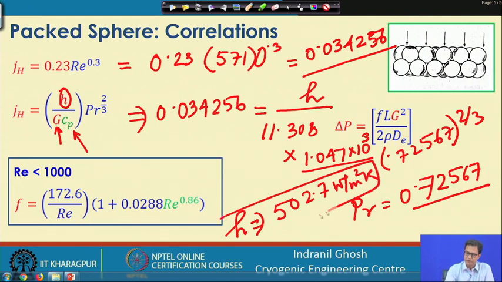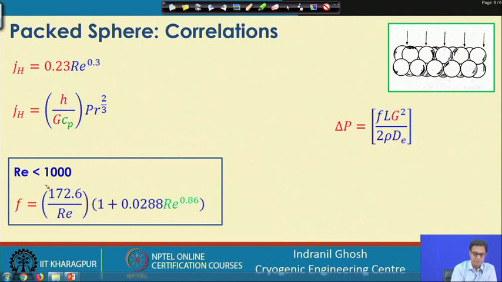This is what is needed for this heat transfer. Then we will go for the friction factor, because we have seen that the Reynolds number is less than 1000. So, we put it in this relation, and from there we can estimate the friction factor.